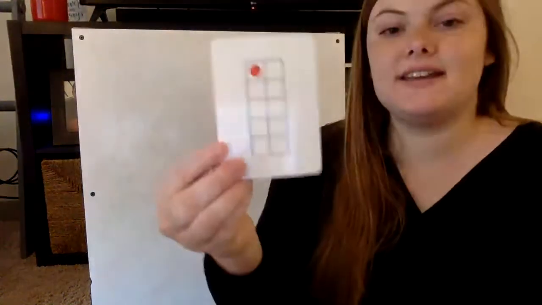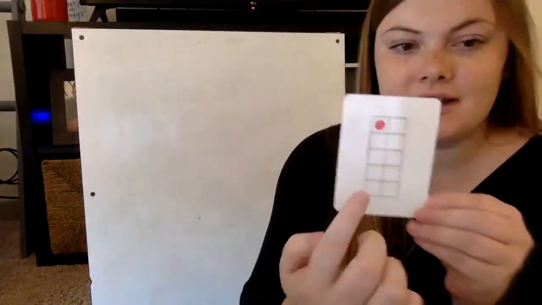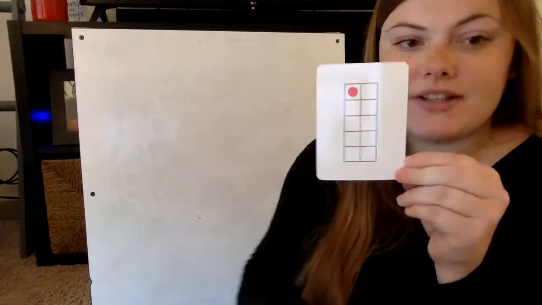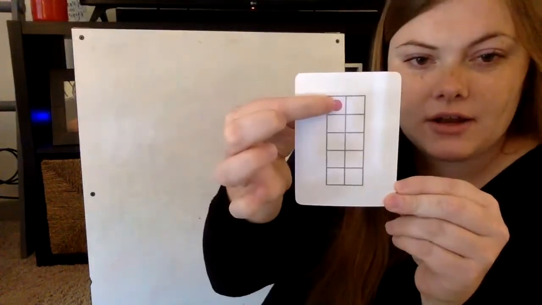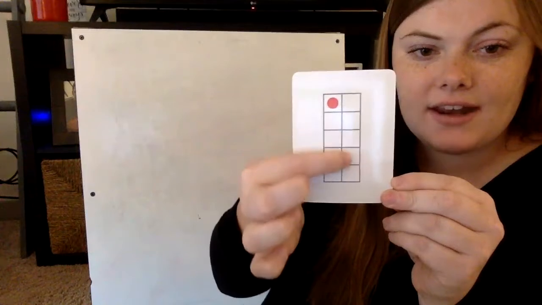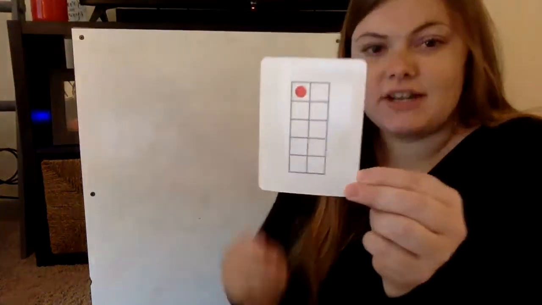Okay, there's that one. And this is our 10 frame. We've practiced this a few times in class. So we have our frame, and there's 10 little squares in this frame, isn't there? See, 1, 2, 3, 4, 5, 6, 7, 8, 9, 10. That's why it's called a 10 frame.